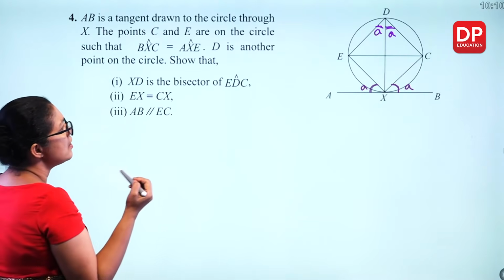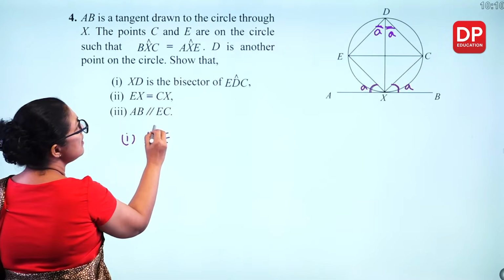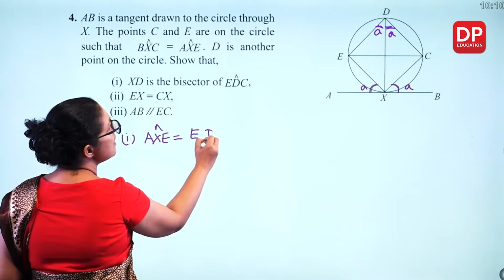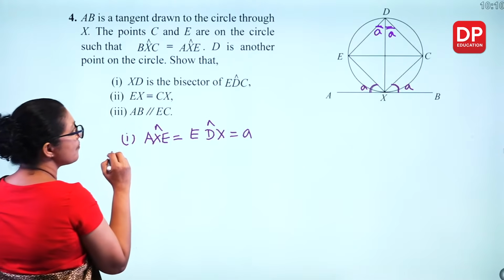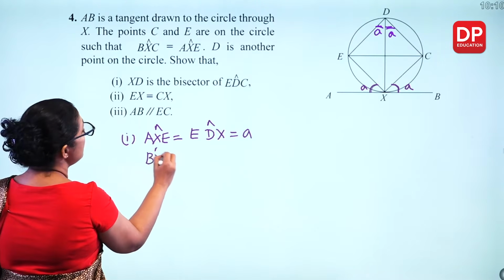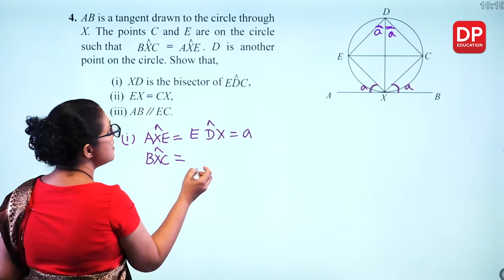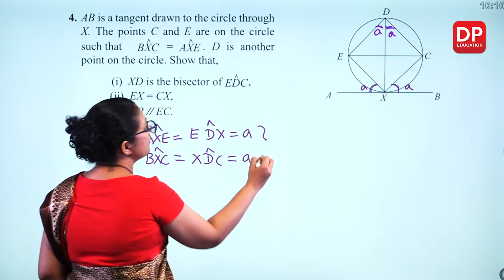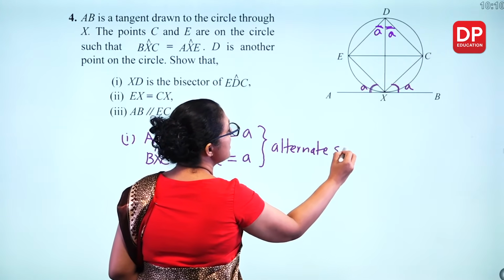So, we'll write down AXE angle is equal to EDX angle, that's A. BXC angle is equal to XDC angle, that's A. Alternate segment theorem.